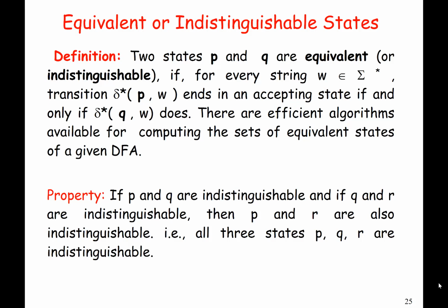So the definition is: if two states P and Q are equivalent, which means indistinguishable, that means for any string W that you're looking at, the transition from P ends up in an accepting state only if we end up in an accepting state from the state Q. Then we say P and Q are equivalent or indistinguishable.